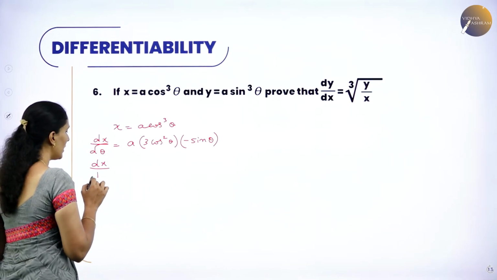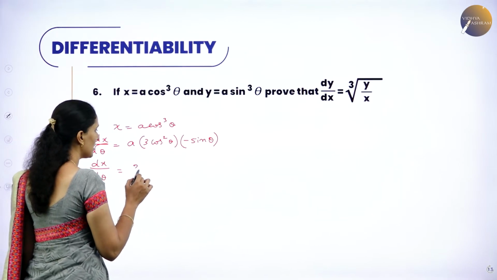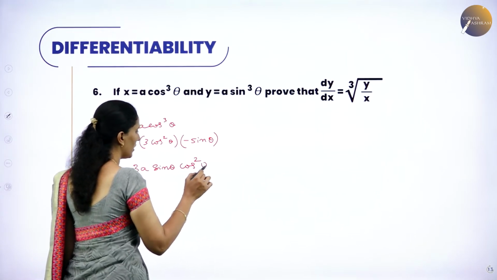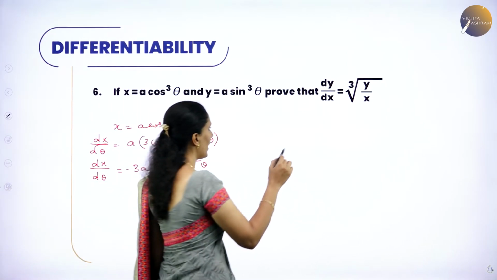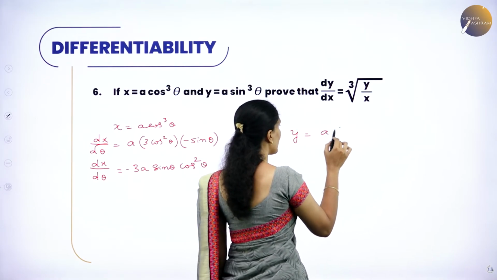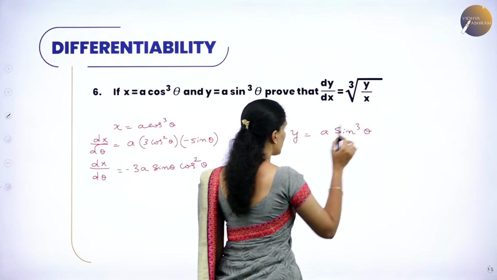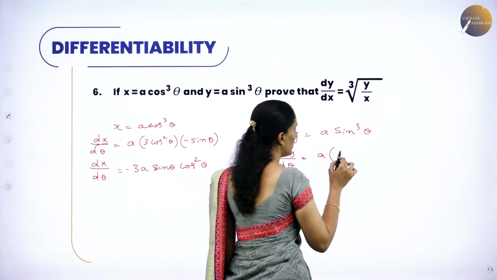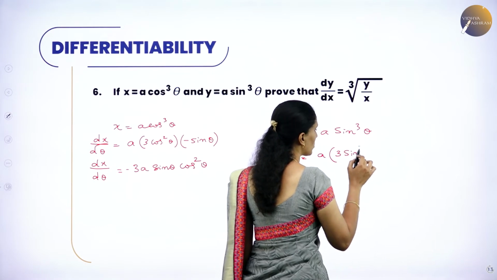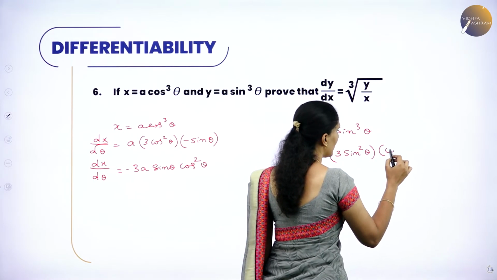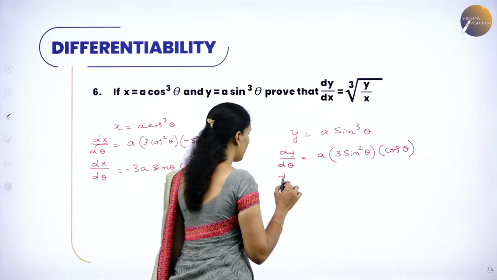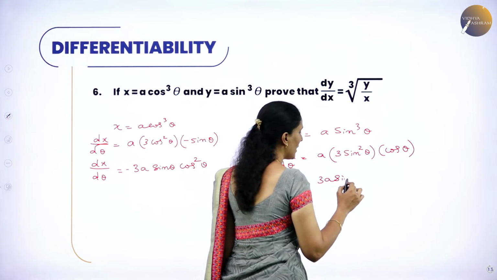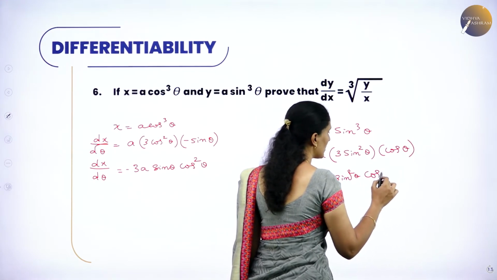So therefore dx by d theta can be written as 3a sin theta cos square theta. So minus outside. Next we have y is equal to a sin cube theta. So therefore dy by d theta is a into sin cube is 3 sin square theta, and derivative of sin theta is cos theta. So therefore dy by d theta becomes 3a sin square theta into cos theta.